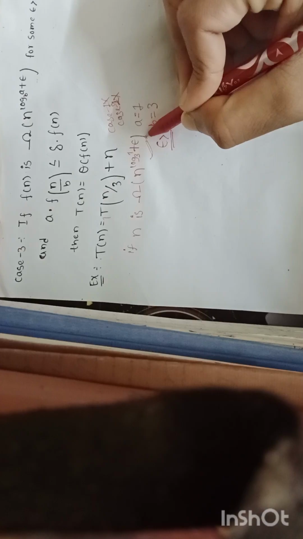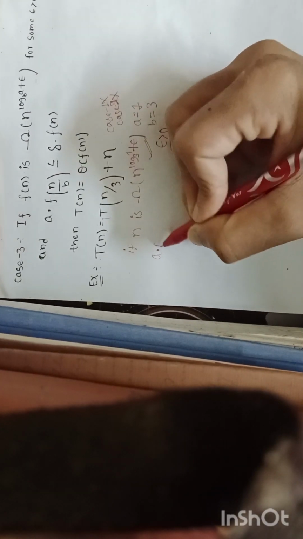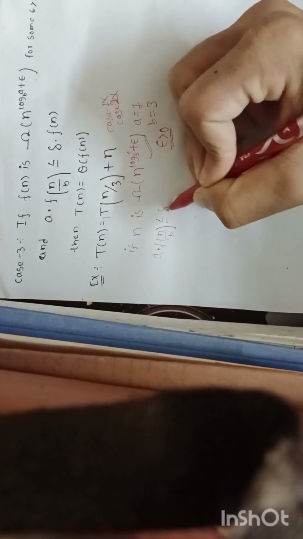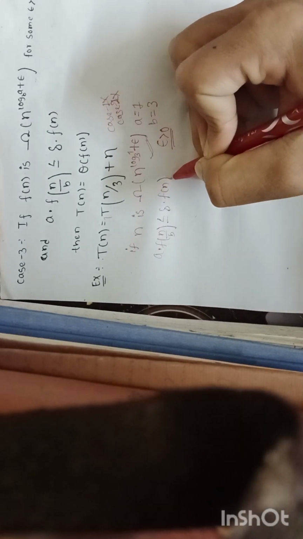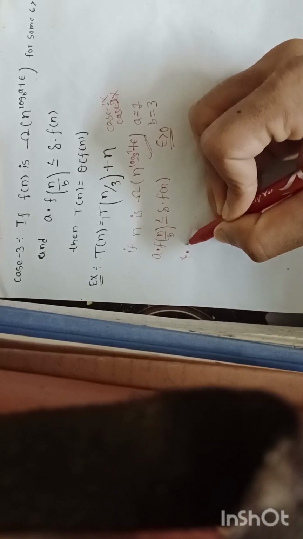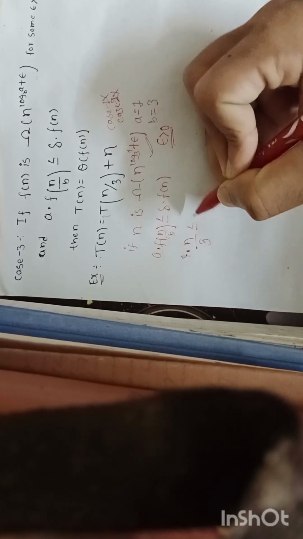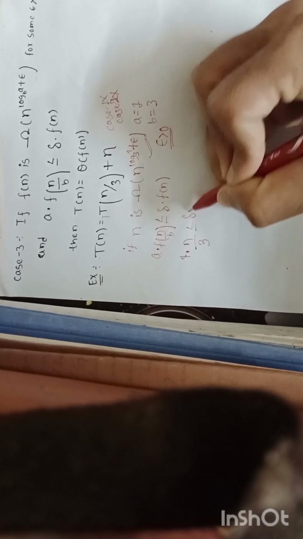Now we have to check another condition, that a dot f of n by b is less than or equal to delta of f of n. Here a is 1, so 1 into n by 3 is less than or equal to delta of f of n, which is n.